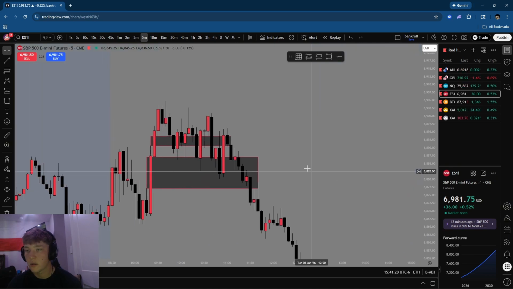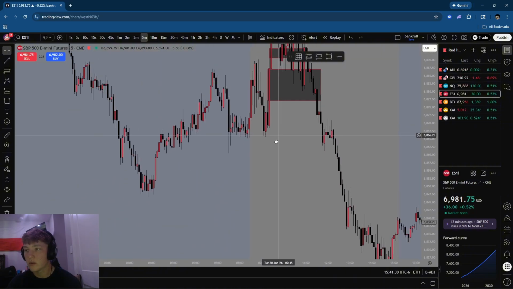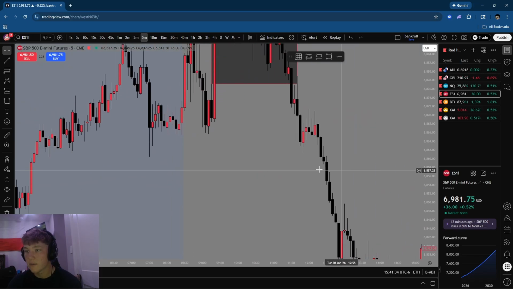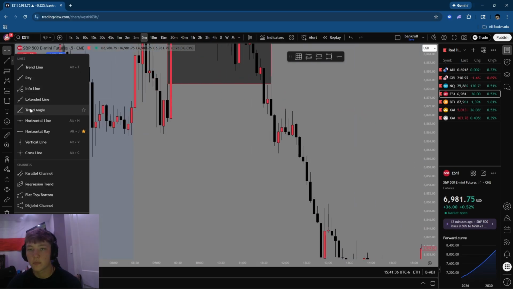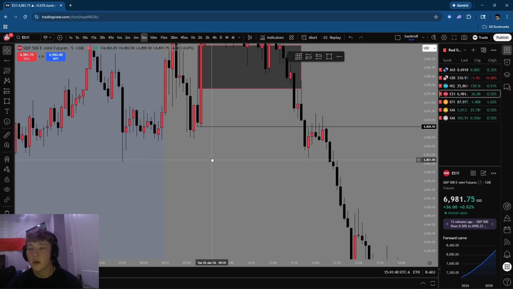Also, we took out these highs on this candle, so there's no high time frame liquidity to be taken. There's nothing left, but we have all this low time frame liquidity down here. Look, equal lows right here, or kind of equal lows.